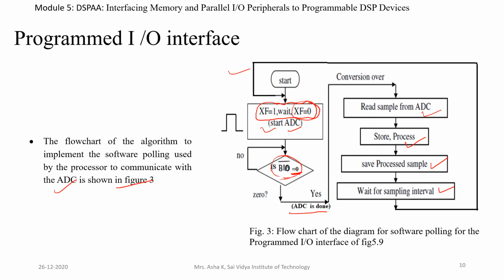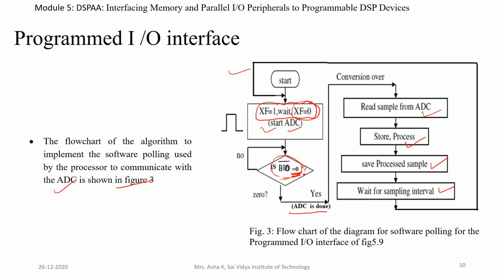If the branch input output signal is not equal to 0, the condition is false, and it checks again. Unless the branch input output active low pin becomes 0, the process is not continued.